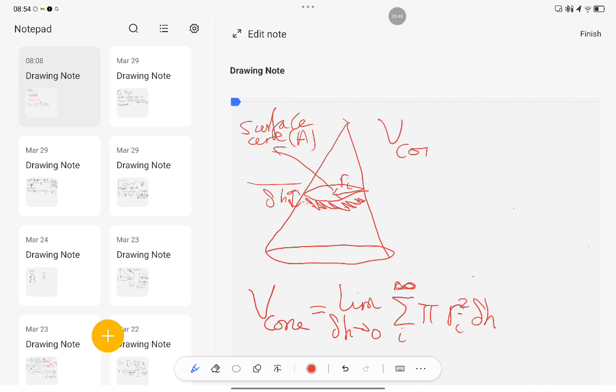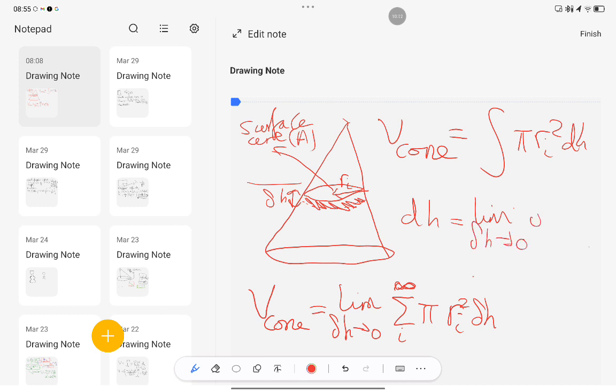So we would rewrite the volume of a cone as being equal to the integral of pi r_i squared dh. Now dh is the limit of delta h as delta h goes to 0.